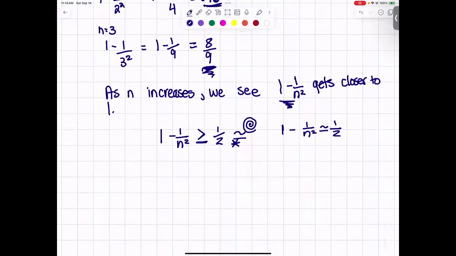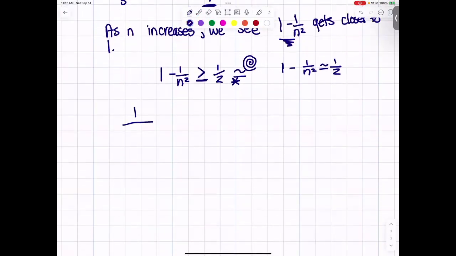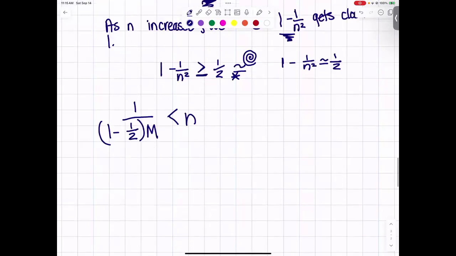All right, so armed with that trick, let's replace this right here with our new value. 1 minus a half is just going to be a half. So let's go ahead and do that. 1 minus a half. This is like this. Make sure I didn't mess that up. Good.